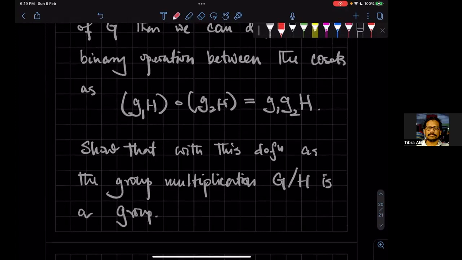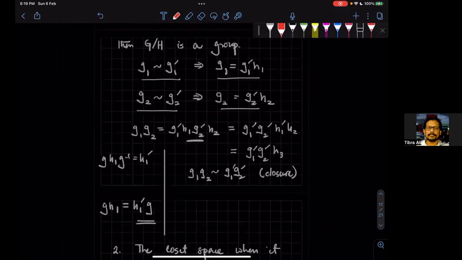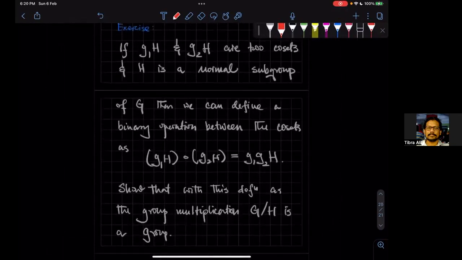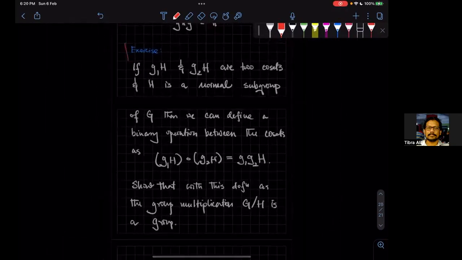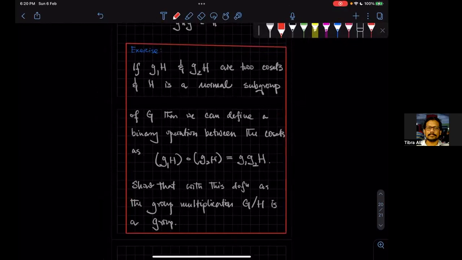Okay. So essentially just formalizing what I've said here, you're just given the definition and you just have to show that all the group axioms, all the group postulates, are satisfied. Okay. I will give a hint.